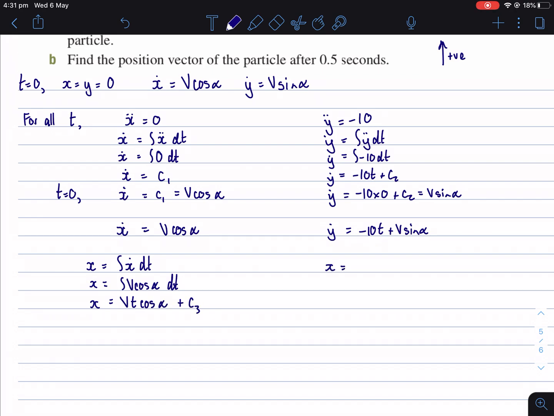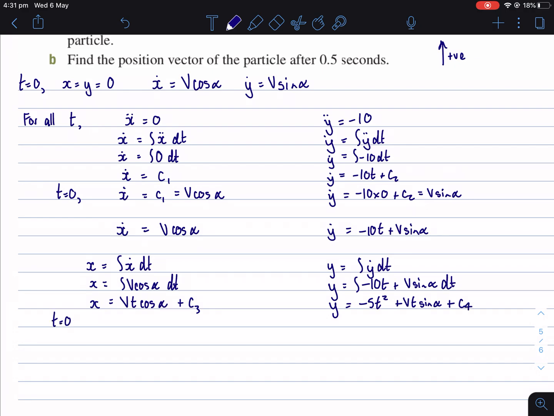Here we've got integral of y dot dt. It's definitely not x though. So we're going to have negative 5t squared plus vt sine alpha plus c4.